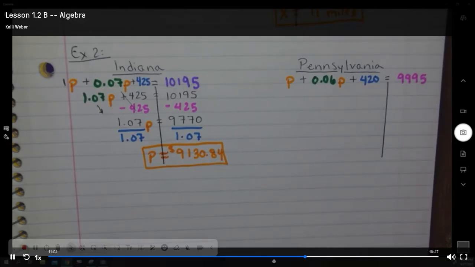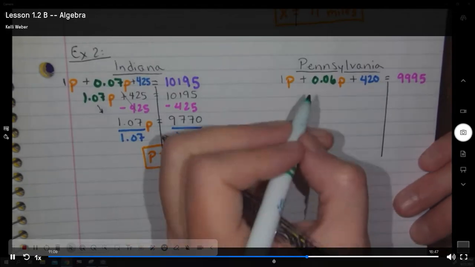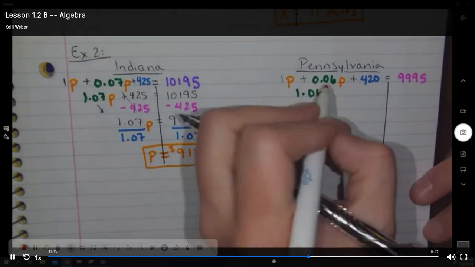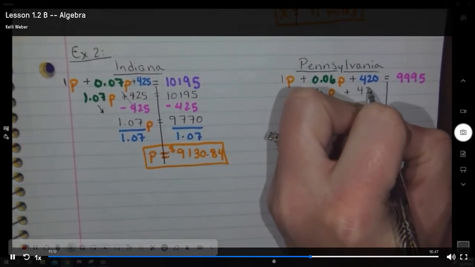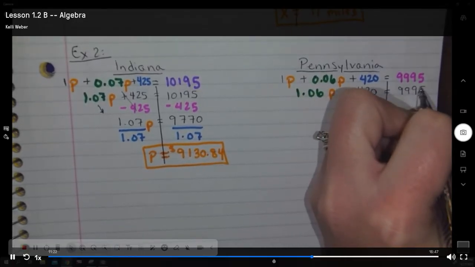So again, we're going to start by combining like terms. 1p plus 0.06p is 1.06p. We didn't use our 420 yet, so we're going to bring that down. We haven't done anything with 9,995, so we're going to bring that down.